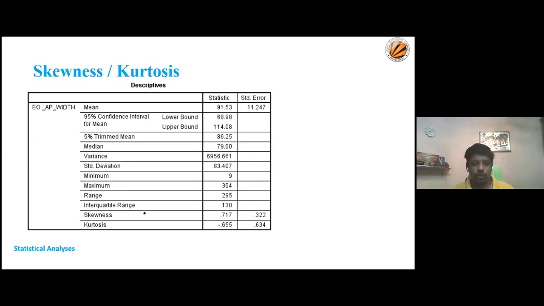Based on the skewness and kurtosis, we can identify whether your data is normally distributed or not. How would you do this? The first thing is we need the statistic value, this mean value, and the standard error. What you need to do is divide this value by this, 22.